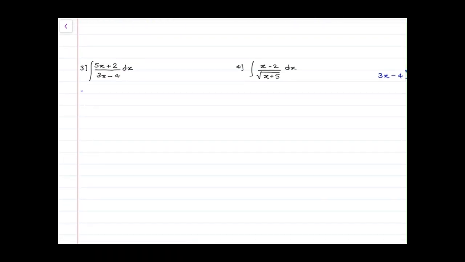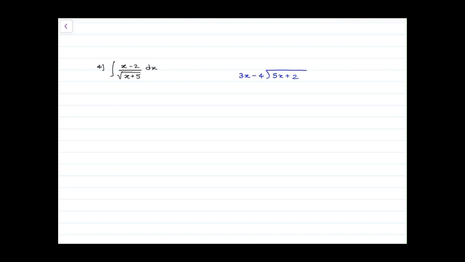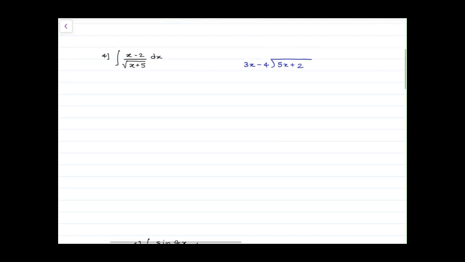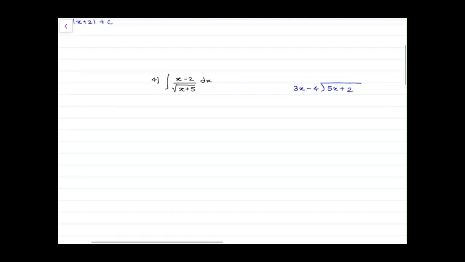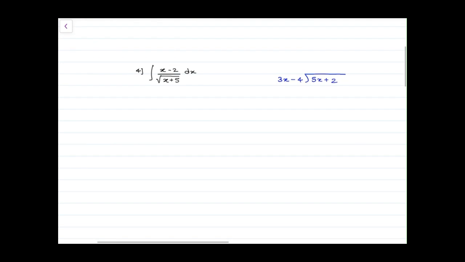So here to the next question we have integration of 5x plus 2 divided by 3x minus 4. Now again we can use the generalized term, but I'm solving this question because here we don't have the coefficient of the dividend as a multiple of coefficient of divisor, right? 5 is not a multiple of 3.